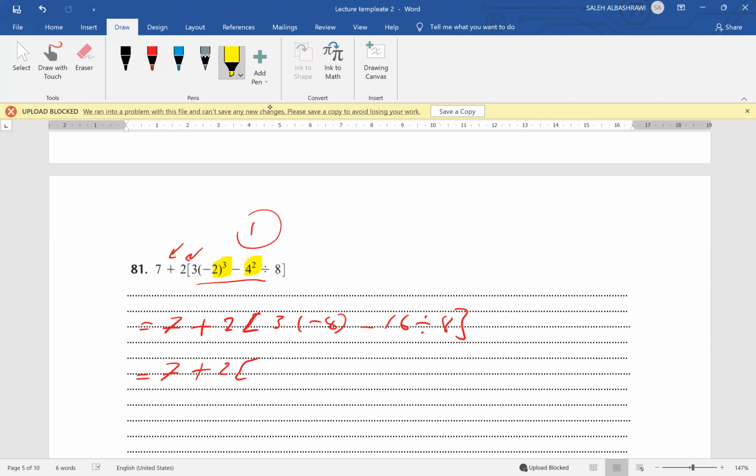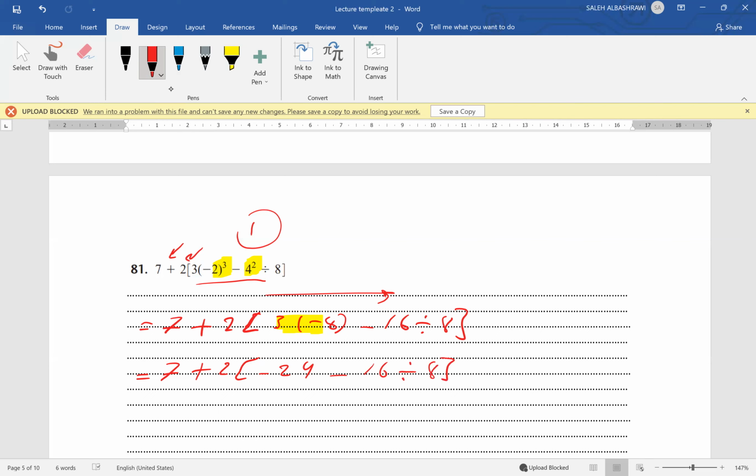So I'm going to start with the multiplication. 3 times minus 8 equal to minus 24. As we said before, multiplication and division, start with the one coming first from left to right. Multiplication before the division. So minus 24 minus 16 divided by 8.